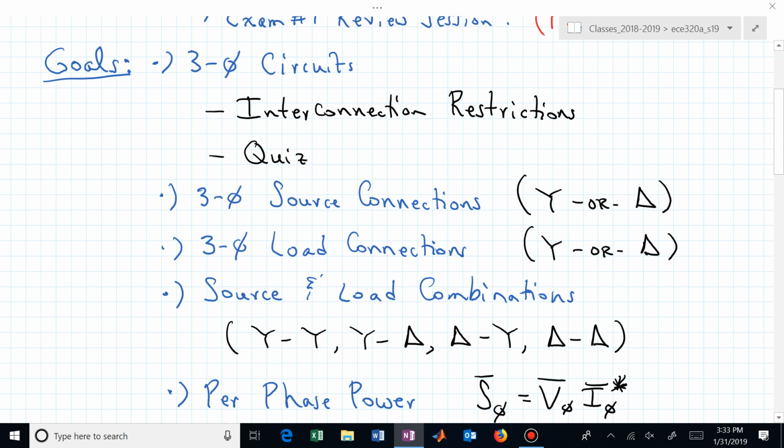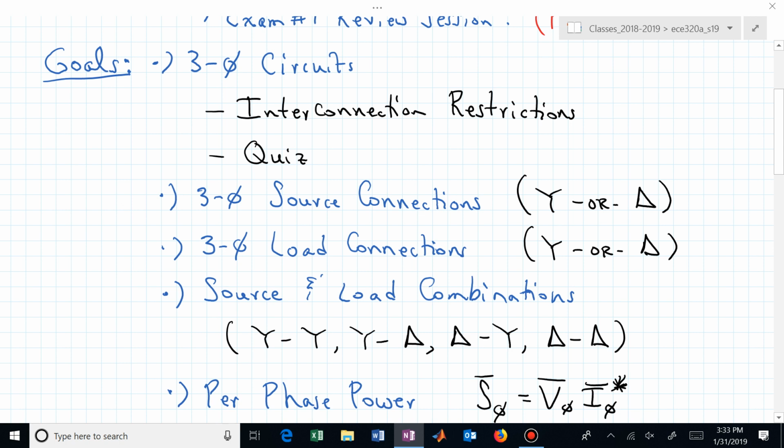Each of those can be configured either in a Y configuration or a delta configuration, and then we can have the 4 different combinations of sources and loads, where typically the convention is the first symbol in that pair of symbols is the source, the second one is the load.